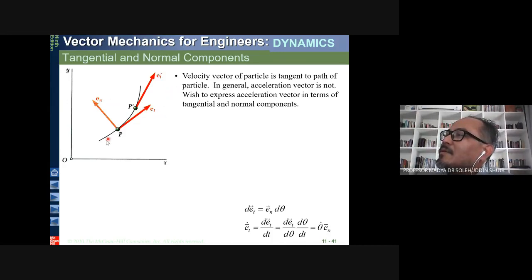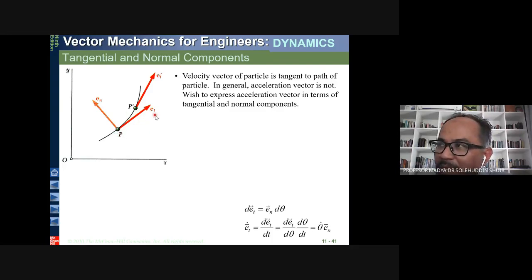If you refer to this particle moving along the curve, when I want to draw the line, before we had unit vectors I, J, and K, but for the case of tangential and normal component, we have unit tangent and unit normal. So I denote unit tangent and unit normal as the following.